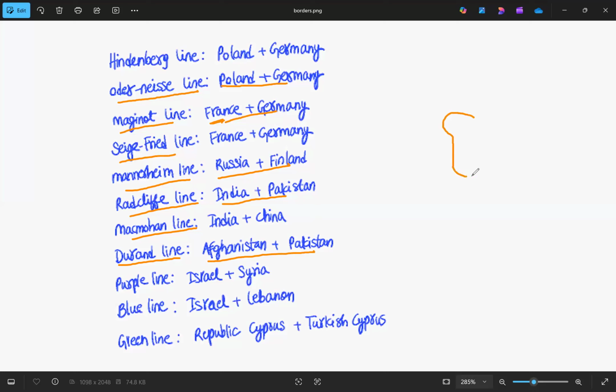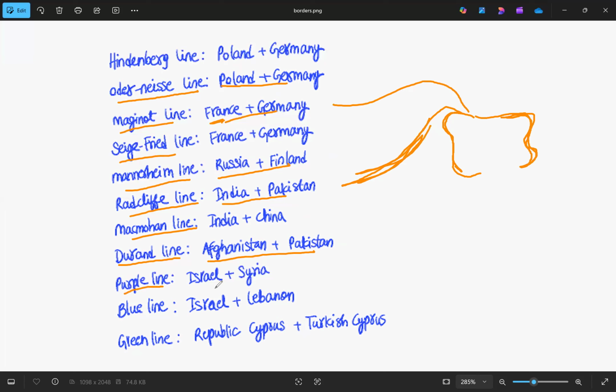So here we have India, here we have Pakistan, here Afghanistan starts. This is the Durand line. Whereas this is all the Radcliffe line. And here, this side where it is in contact with the Tibetan region, it is called the McMahon line.